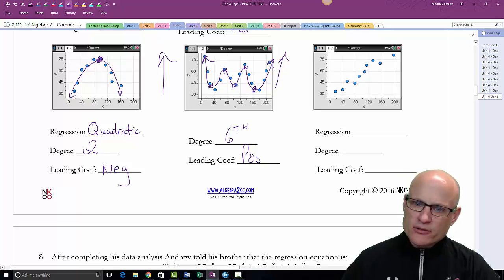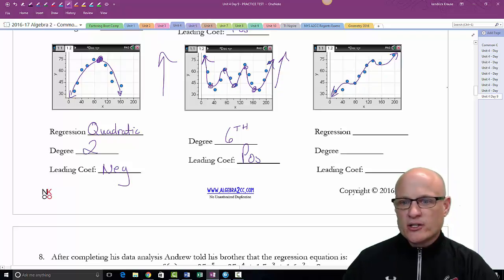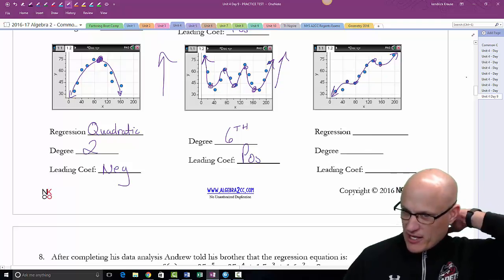Ooh, this one's weird. I would go like this. That's a hard one. I got 1, 2, 3, 4, so this could be a 5th degree polynomial.